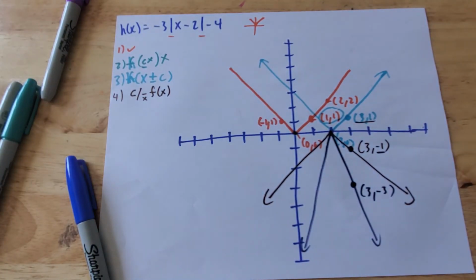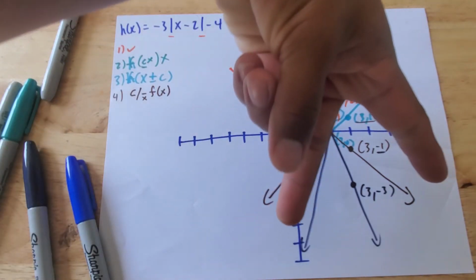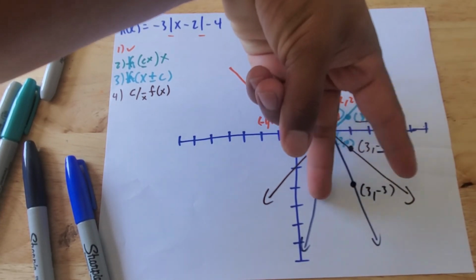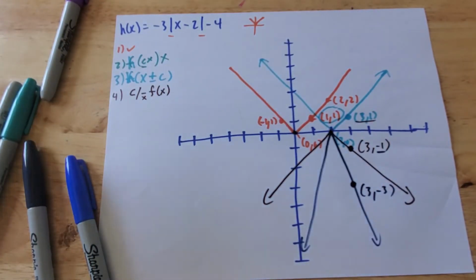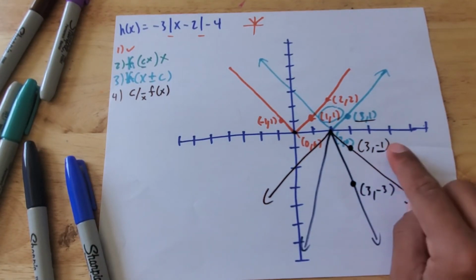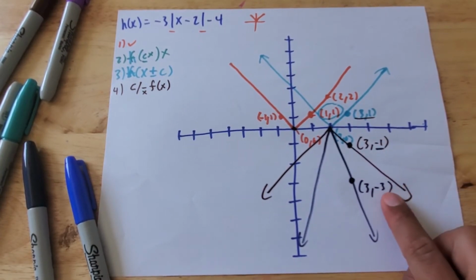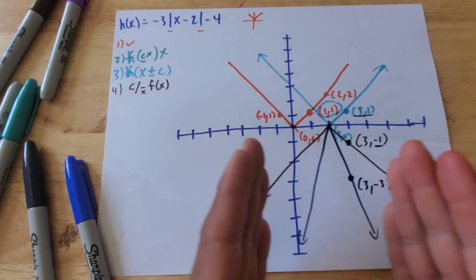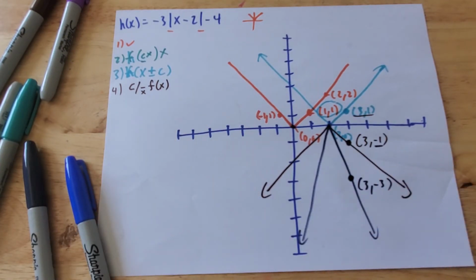Again, it's stretching it vertically. If you had this V shape and you're pulling on it, it's going to end up narrowing it down, wanting to make a straight vertical line. But what's actually happening is you're multiplying all the y coordinates by 3. So I multiplied that by 3, hence that's going to give me negative 3. So it's 3 comma negative 3, and then you can see how that vertical stretching is happening.